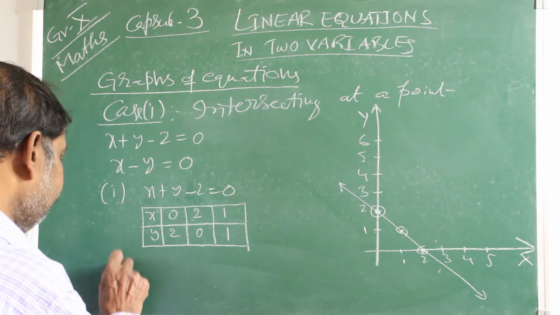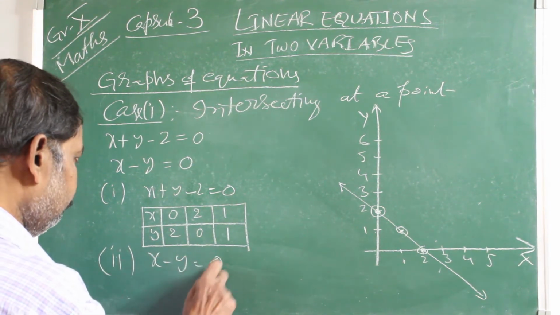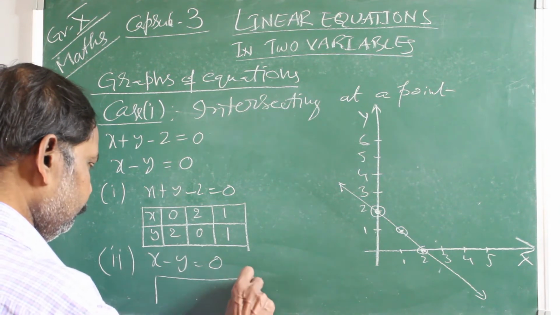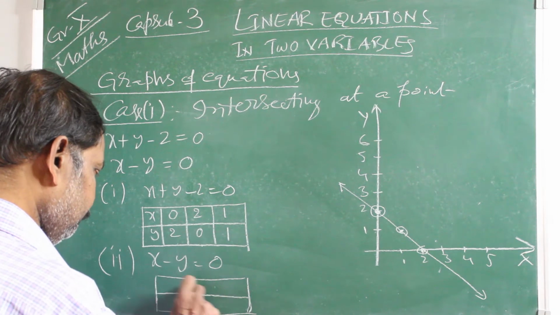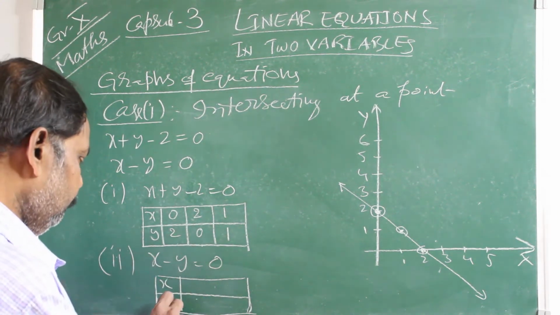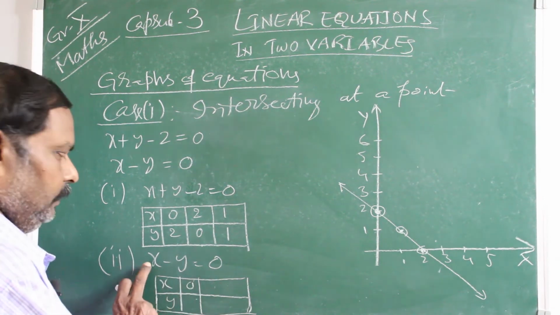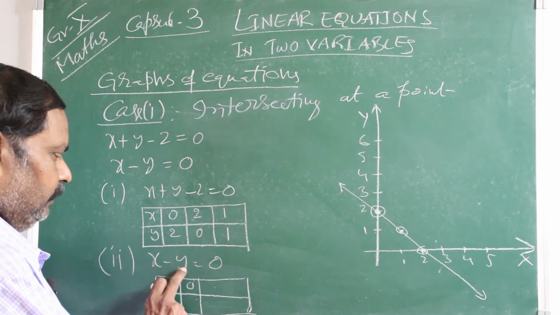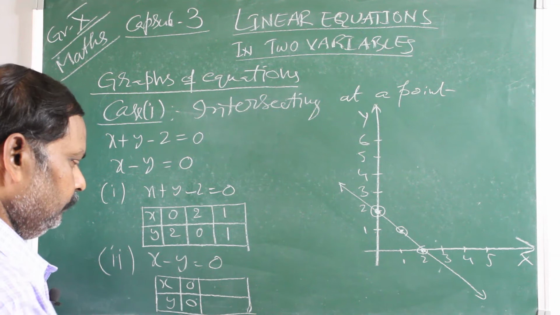And the second equation is x minus y is equal to 0. If x is equal to 0, then y is also equal to 0.